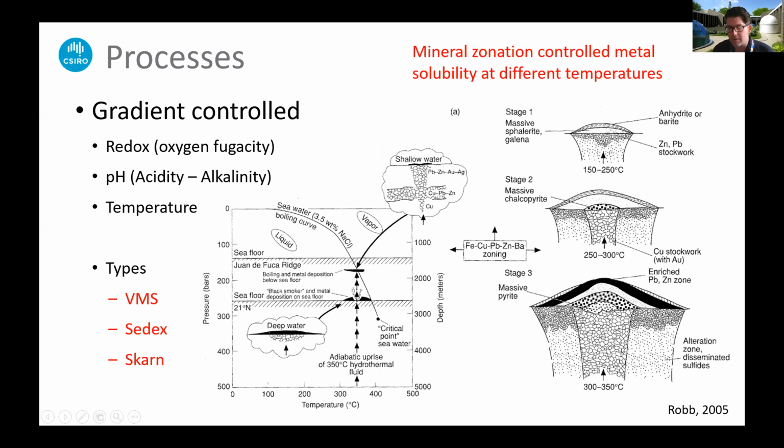In the core of the system, you have barite, which is what you see in some IOCGs, incidentally. And outward of that, you have lead, zinc, and then copper, and then the distal part of the system is iron. And this kind of zonation is, I suppose, relevant to VMS and SEDEX and maybe SCARM type systems.